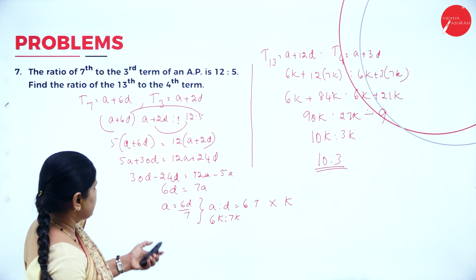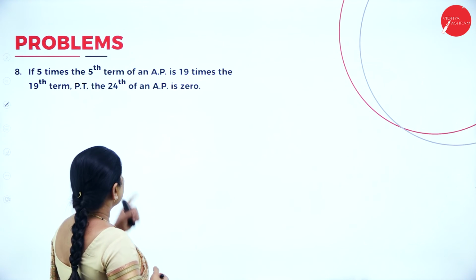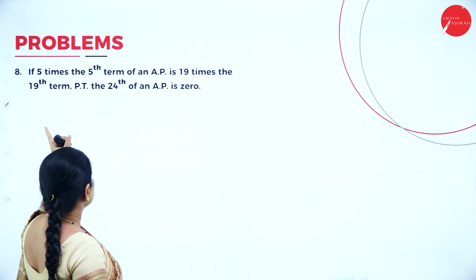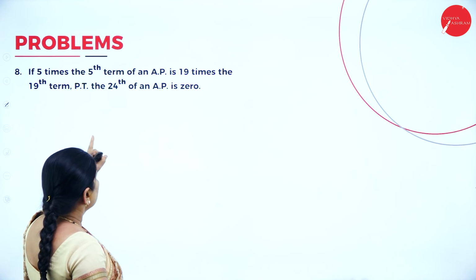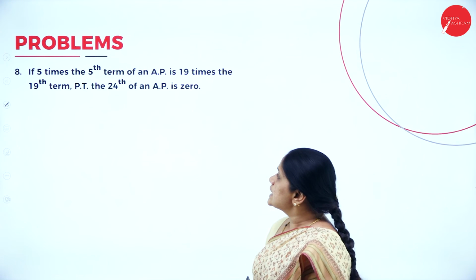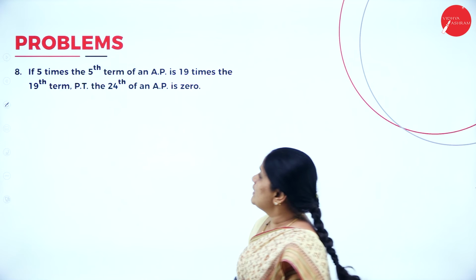Now, if 5 times the 5th term of an AP is 19 times the 19th term, prove that the 24th term of the AP is 0. Now, what is given?